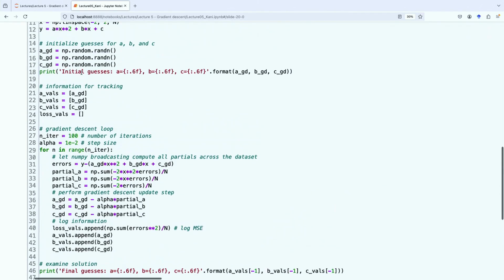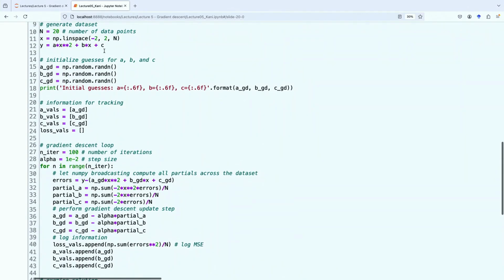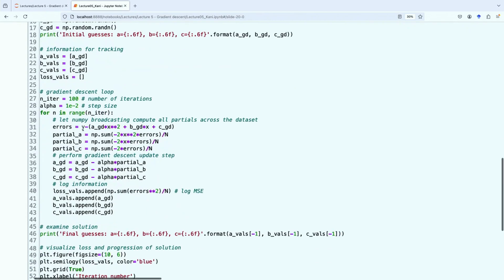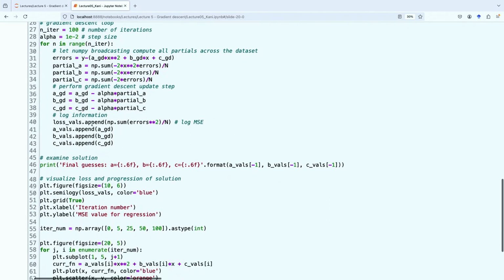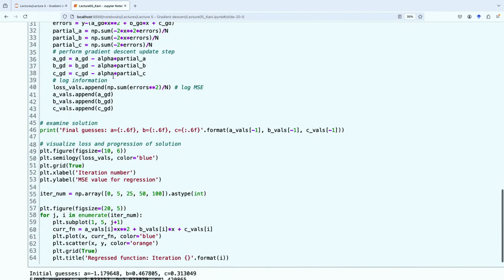Remember here, y is a vector of data, and we will calculate the error for each piece of data against whatever the current set of parameters gives us. Okay, and then we change the set of parameters based on the gradients that we calculated for them.